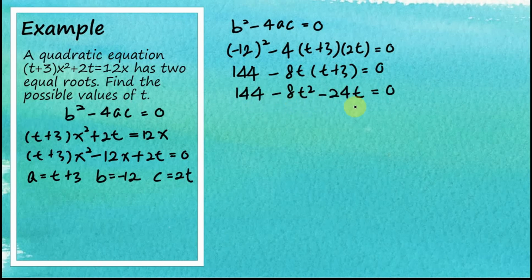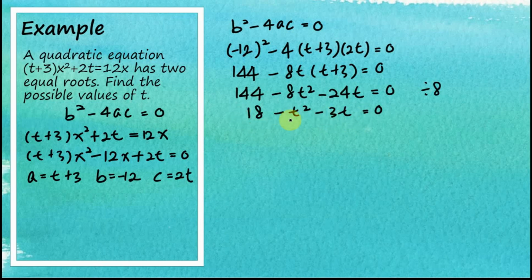So we can divide this whole equation by 8. 144 divided by 8 is equal to 18, and 8 divided by 8 is equal to 1, so this becomes minus t squared, and 24 divided by 8 equal to 3, 3t equal to 0.